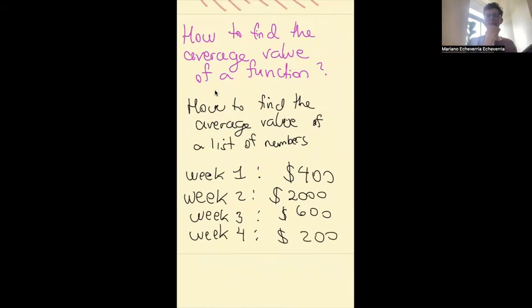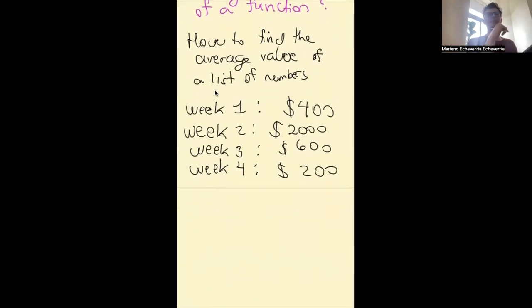Okay. So if that represents what you received or what you spent on each week, what would you say was the average of money over that month, right? Let's say this is some sort of income just to make it more concrete. What would have been the average income over this month? Anyone? That's the answer.